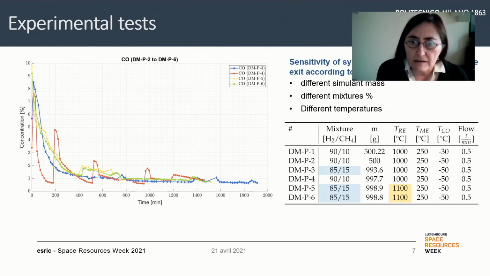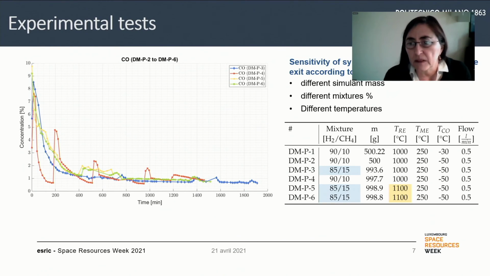So, some results for the tests that we did. I just want you to focus on the table on the right, and then the graph that is the output of the first point of measurement, the exit point of the first reactor, where we track the critical quantity, the CO production basically.